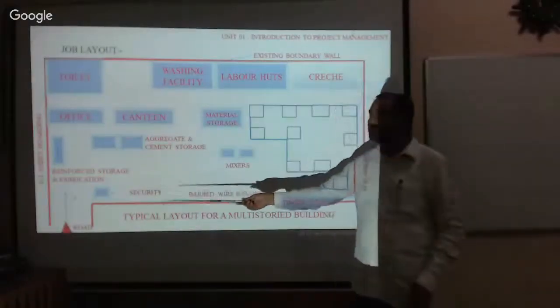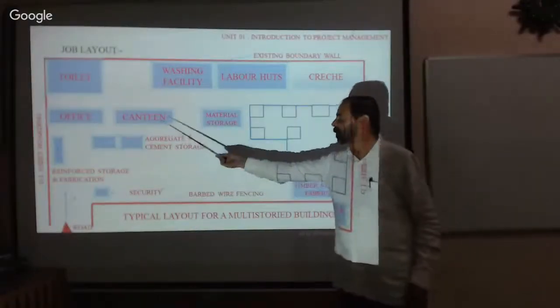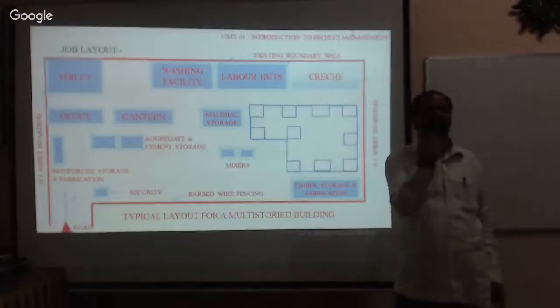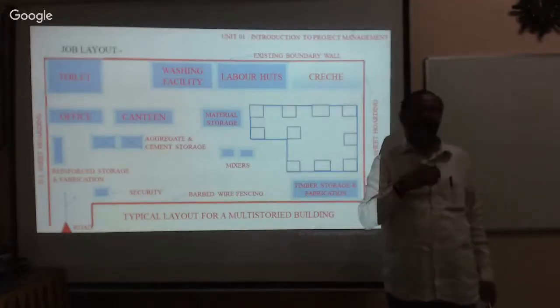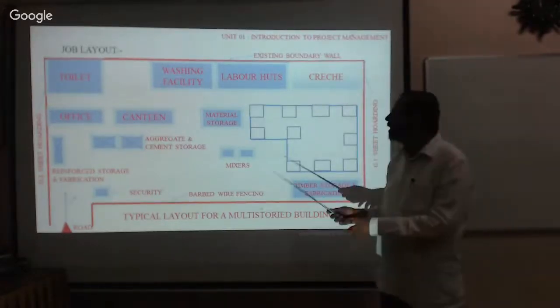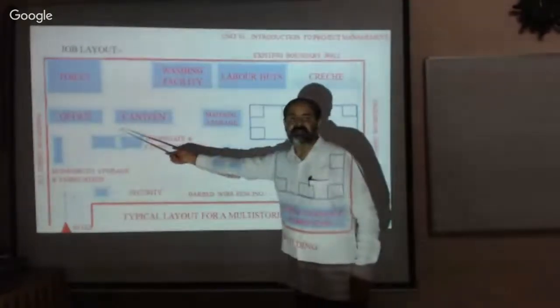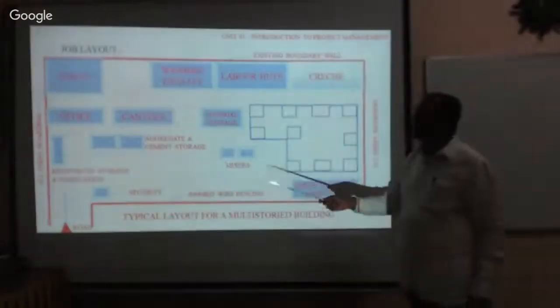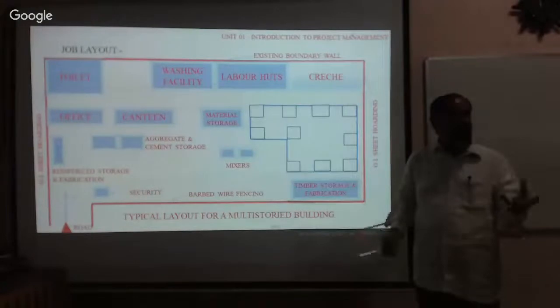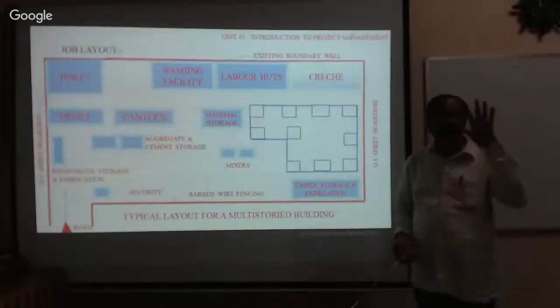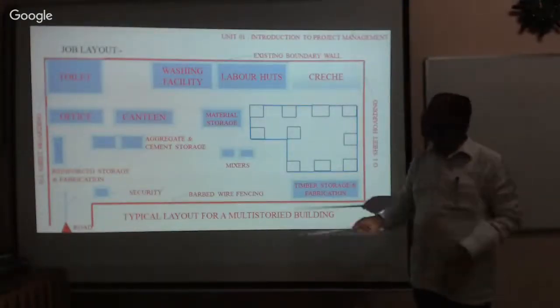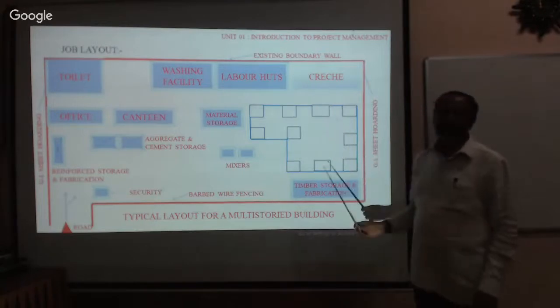When you get into the compound, you must be able to see the office on the front side. If you want to go inside, you must take permission, then you can proceed. According to your convenience and the facility available with you, you have to design and prepare this.